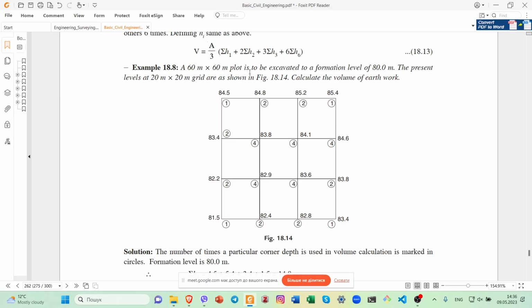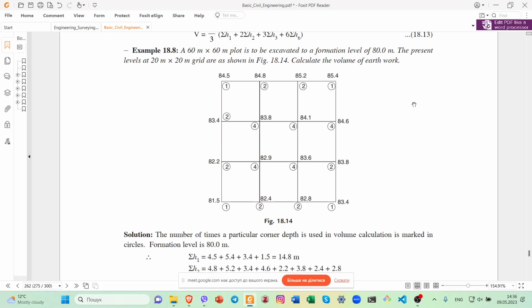A 60 by 60 meters plot is to be excavated to a formation level of 80 meters. The present levels at 20 by 20 meters grid are shown in the figure. Calculate the volume of earthwork.